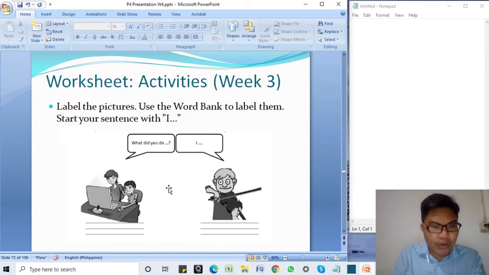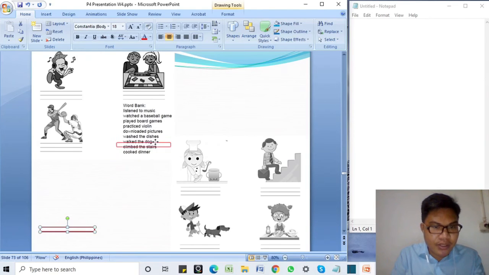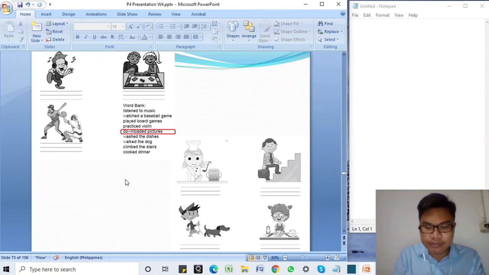What did you do? As you can see in the photo, they are using the computer. They must be, let's see, downloading pictures from the internet, right? So this must be the answer.